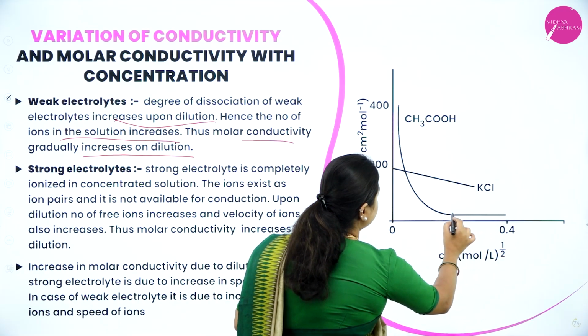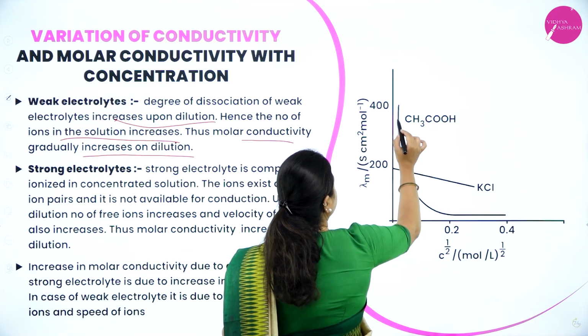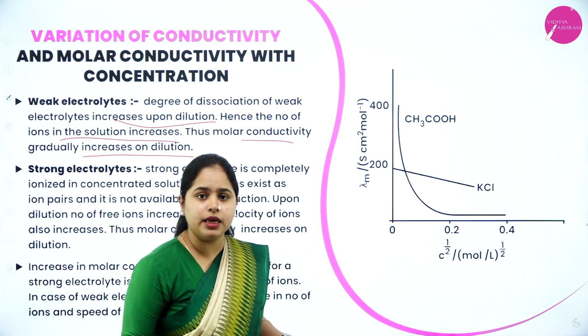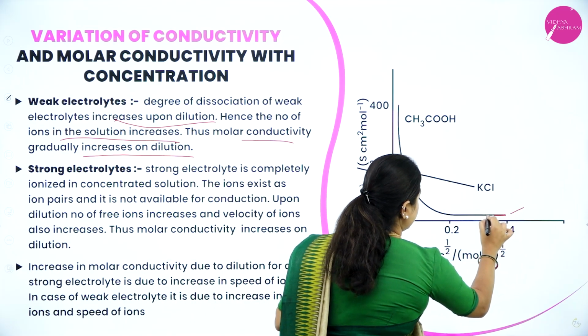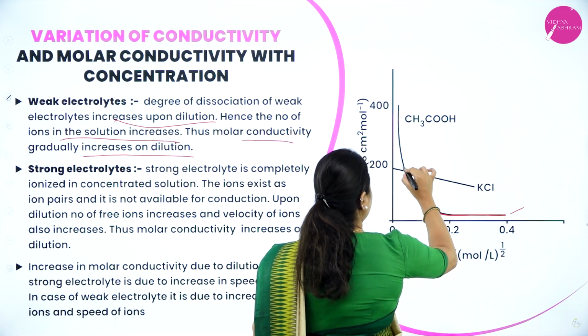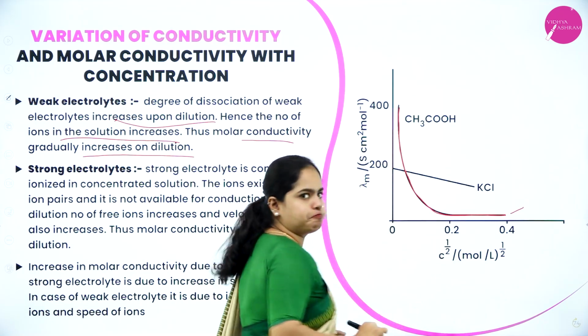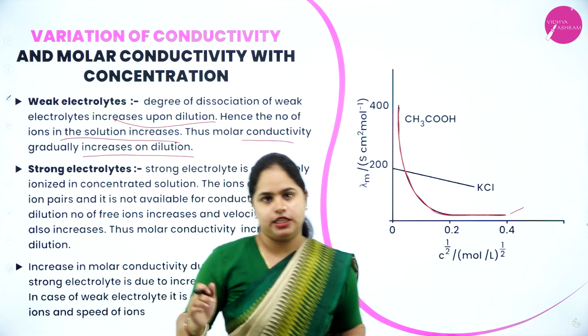As the concentration decreases, or the dilution increases, you can see for the weak electrolyte that the molar conductivity is increasing. This particular graph is for the weak electrolyte. Gradually it will increase.